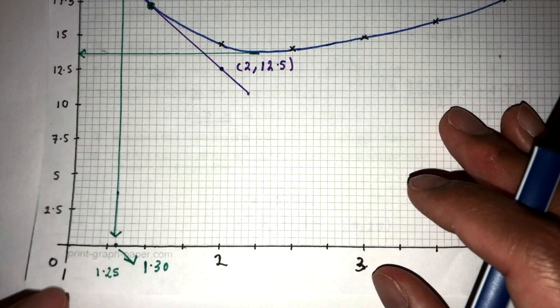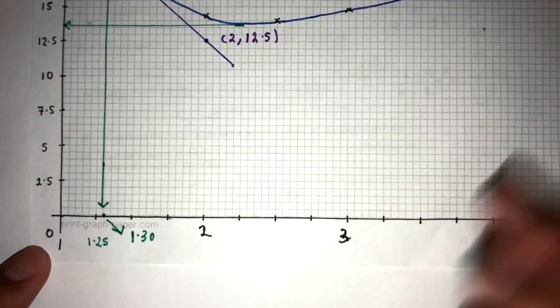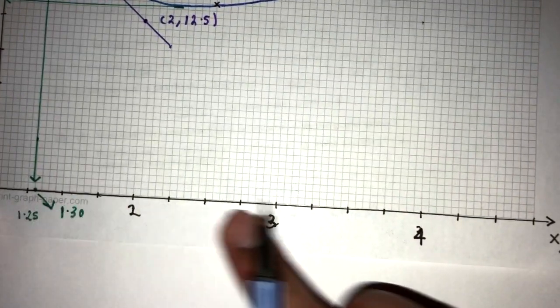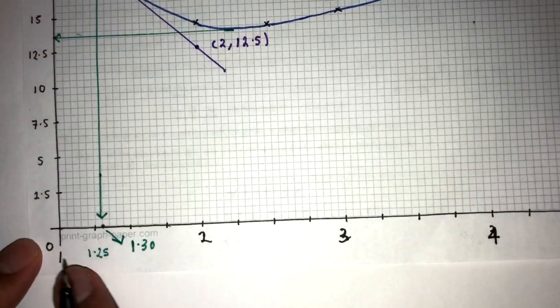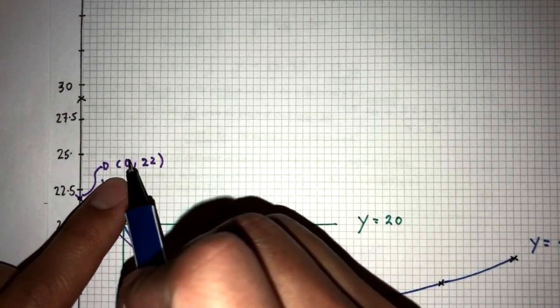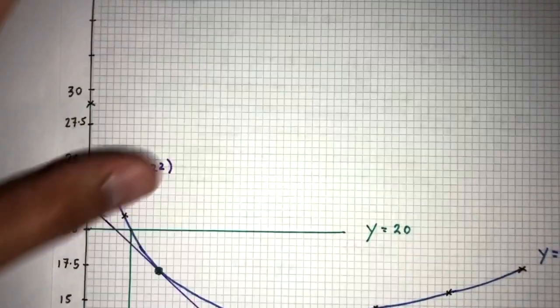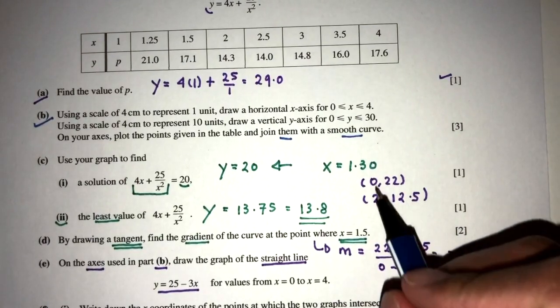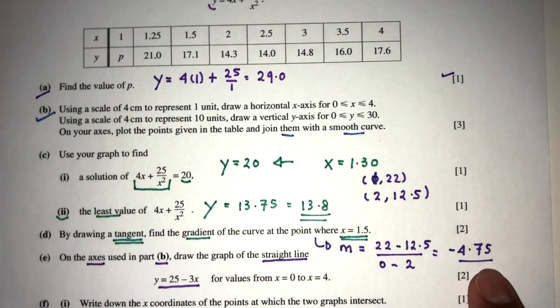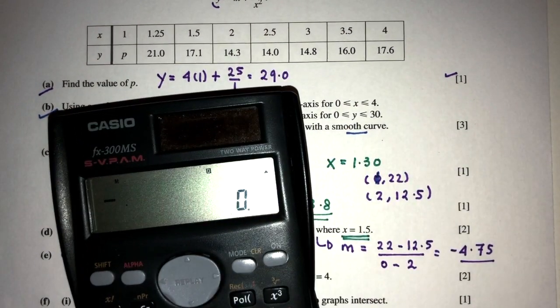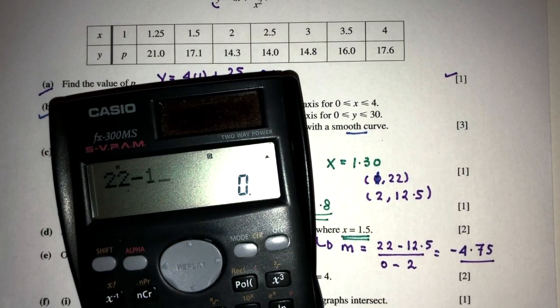But the reason why I began at 1 is because my x-axis was not big enough to write all the numbers. So again, if this is 1, my point here has to change. That will be 22. And going back to here, that has to be 22. And my answer here will change. So let me see what happens. So we have 22 minus 12.5 divided by 1 minus 2.